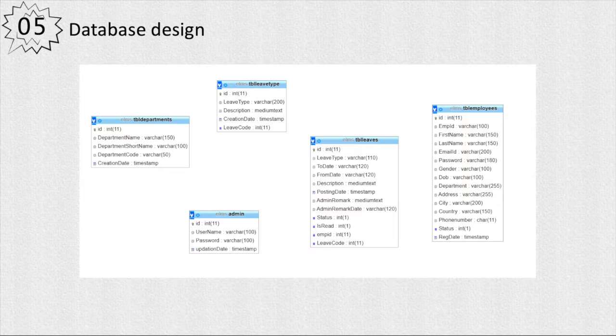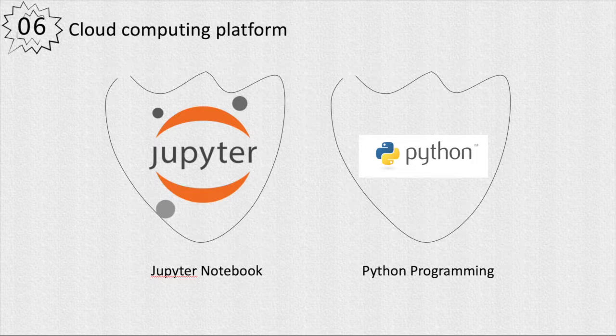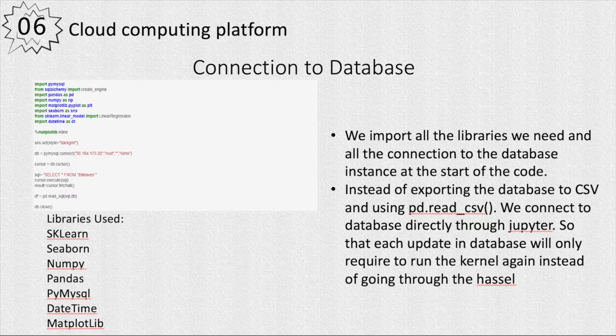As for the cloud computing platform, we are using Jupyter Notebook and the Python programming language. The first thing we did for Jupyter Notebook to process our data is to connect directly to the database. Initially, we exported the data into CSV format and uploaded it to Jupyter Notebook.